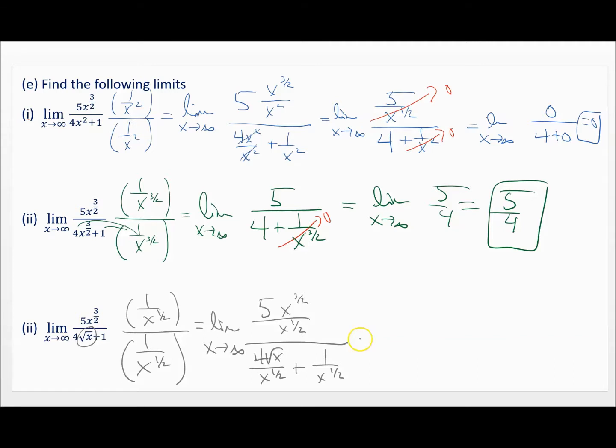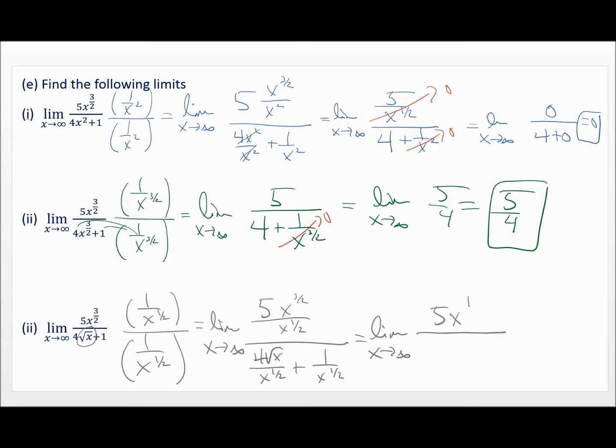Now, I want to simplify this as much as possible. This is the limit as x goes to infinity. Now, the x to the 3/2 and the x to the 1/2 give me 5x to the first power. What I'm doing is subtracting: 3/2 minus 1/2 is 2/2, which is 1.